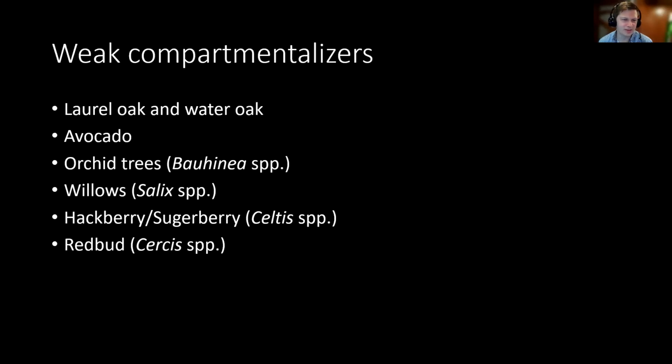Willows decided that it was more worth it to grow fast, it's the tortoise versus the hare basically, and the willows are the hare, and they don't have as much of an ability to fight off these wounds. And it's true for most of these trees, actually. So sugarberry we have here, and redbud as well. These are all trees that don't compartmentalize particularly well here in Florida. And almost everything else is somewhere in the middle if it's not on these two lists.